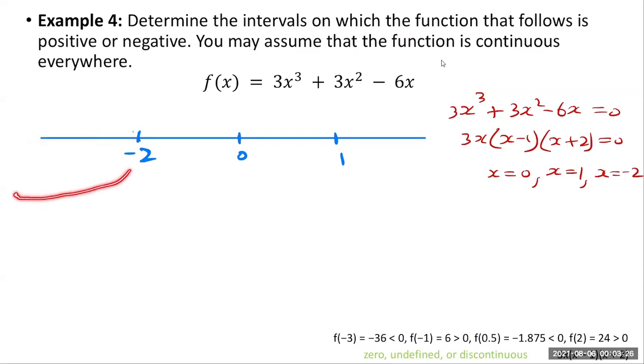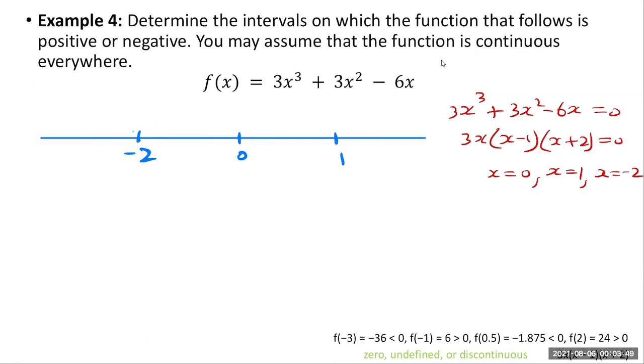Why? Because your function can change the sign only at these points. Your function cannot cross the x-axis somewhere here, because if it crosses, this is going to be a 0. No, that's not possible. These are the only zeros, and at these points only your function can change the sign.